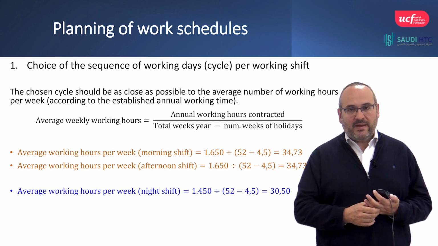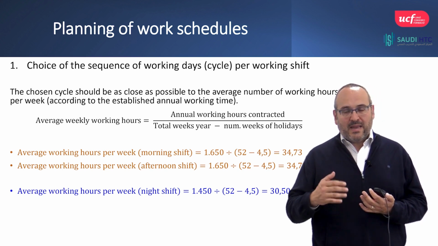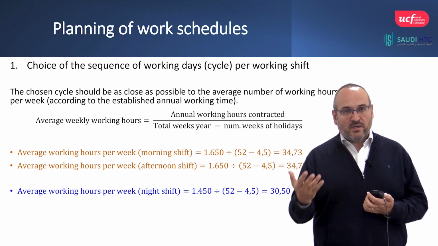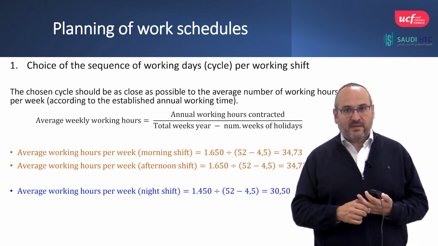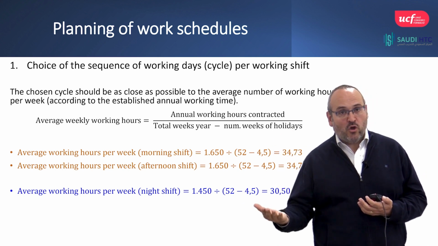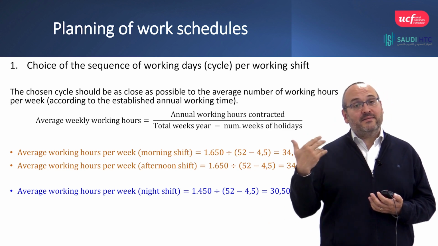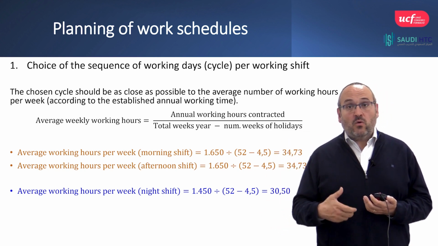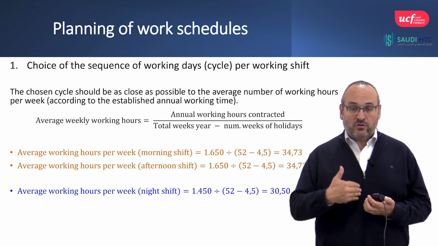Why? So that we plan neither more hours nor fewer hours. If we plan more hours than that person is going to have to work, it will mean that we will have to pay him/her overtime or give him/her compensatory holidays, which will be an organizational difficulty for our work.